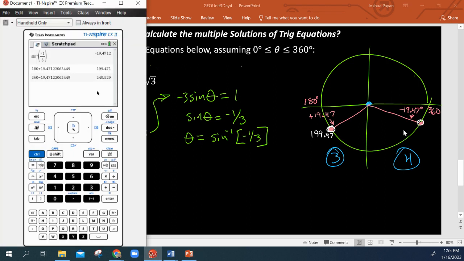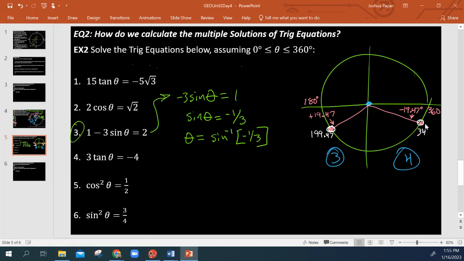Okay, so my quadrant 4 solution is going to be 340.53. Okay, so my two solutions here are approximately, because we're not exact, 199.47, that would be my quadrant 3 solution, and 340.53, that would be my quadrant 4 solution.